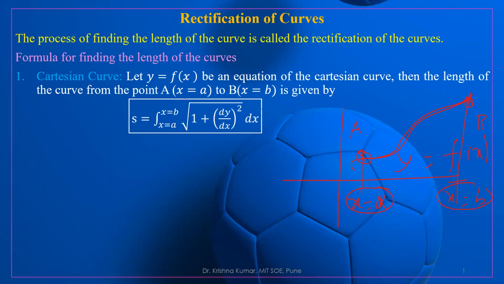This is the formula to calculate the rectification of the Cartesian curve y is equal to f(x). Here clearly x is the independent variable and y is the dependent variable.